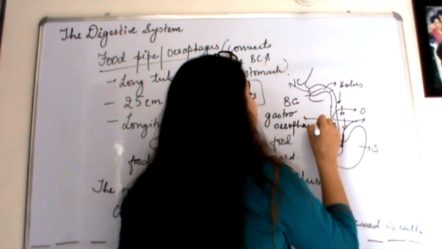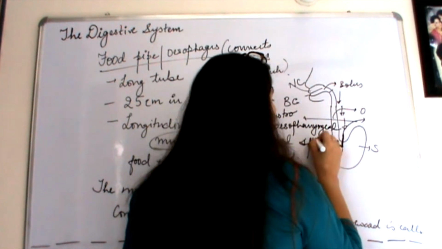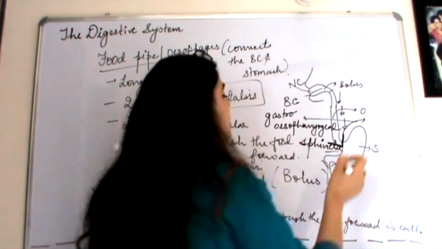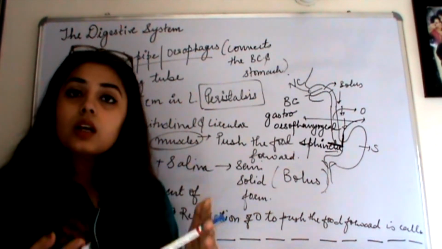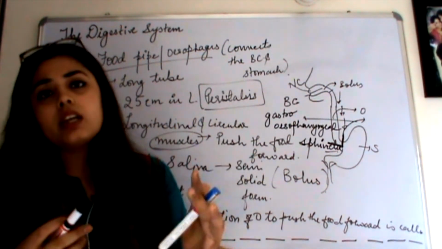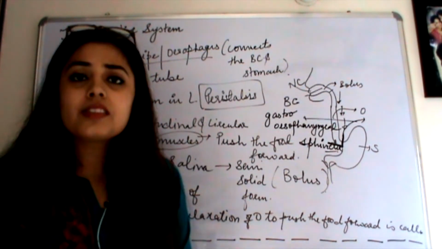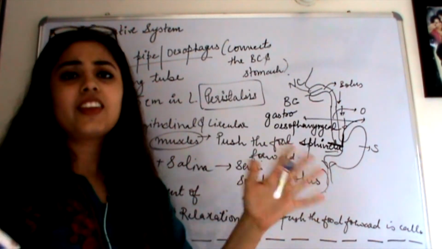Gastroesophageal sphincter. Right? And guys, if you need to check the spellings, please do check them, because sometimes we're humans, we make errors. So you can just look it up if you want to. The rest, I guess everything is correct.